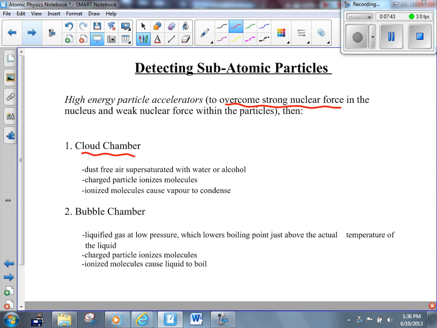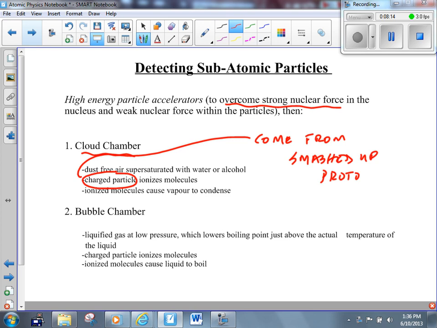The cloud chamber consists of this chamber that has a dust-free mixture of air supersaturated with either water or alcohol. So it's basically ready to rain water or alcohol. Okay, just about to that point where it's going to rain water or alcohol. Now these charged particles that come from the smashed up protons, in other words, the little things that make up the protons, they ionize molecules.